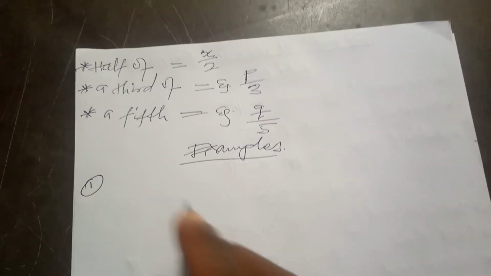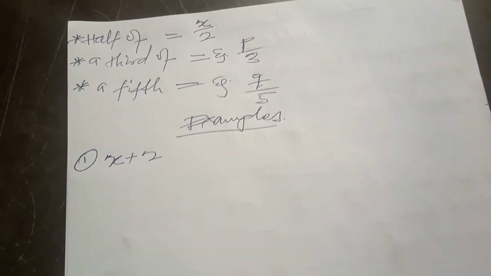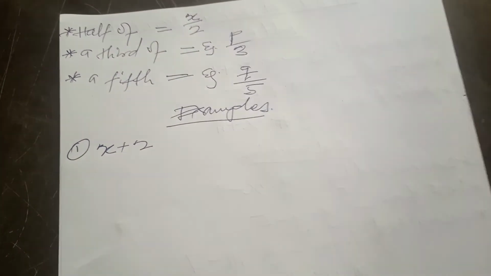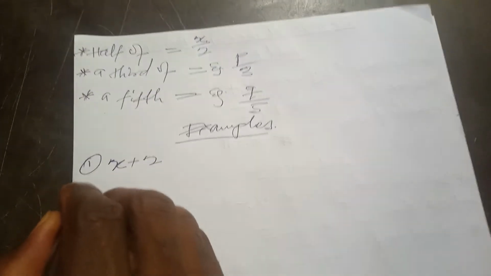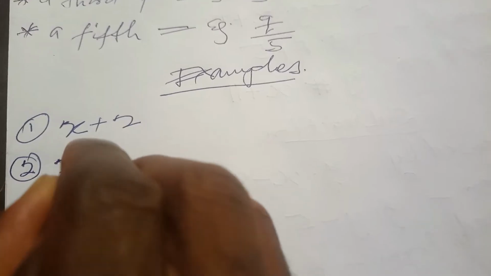I hope the answer you had for 2 more than x is x plus 2. Good. Then what about 1 less than x? For each question, you can pause the video and then check. I'm sure you had x minus 1.